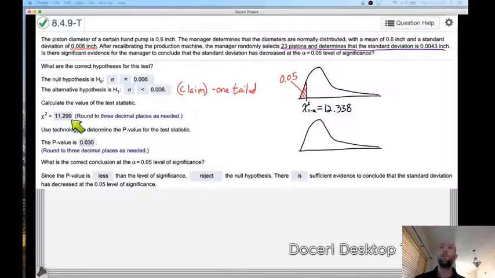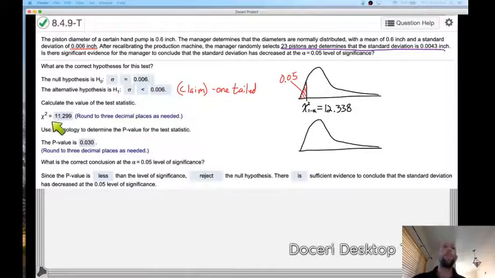You use the formula chi-square naught equals n minus 1 times the sample standard deviation squared divided by the population standard deviation squared. Or you could say n minus 1 times the sample variance divided by the population variance, all coming from the problem's sample standard deviation s and the null hypothesis's sigma being this 0.006 value.